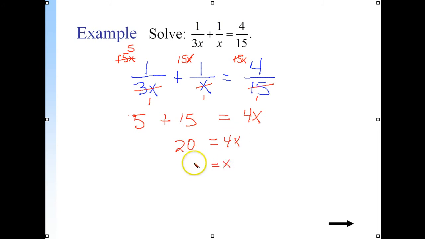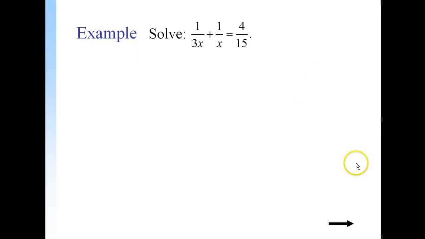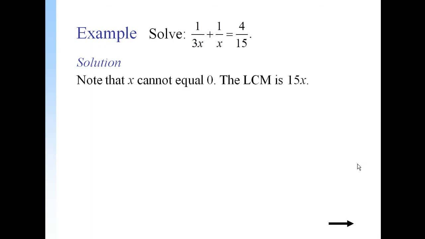Divide both sides by 4, 20 equals 5. Now, in the previous one, we didn't have letters in the denominator, but here we do. Does 5 make any of my denominators a 0? And the answer is no. So that's the qualifier they're asking us to watch out for.